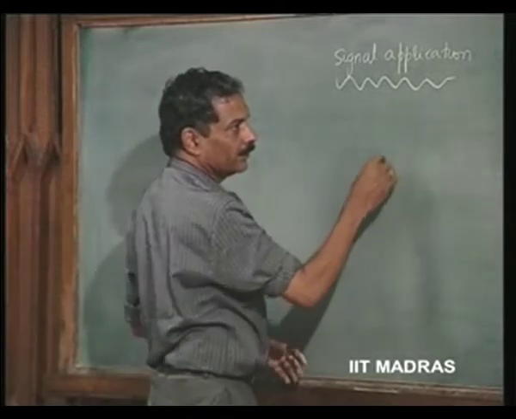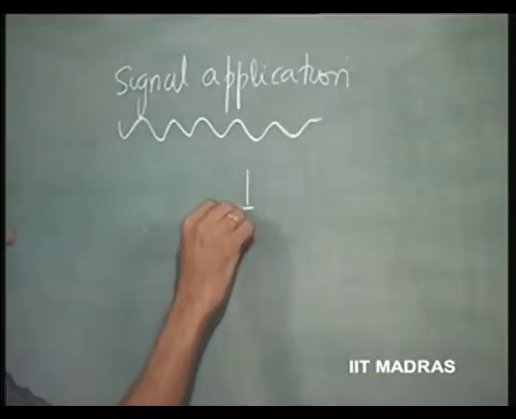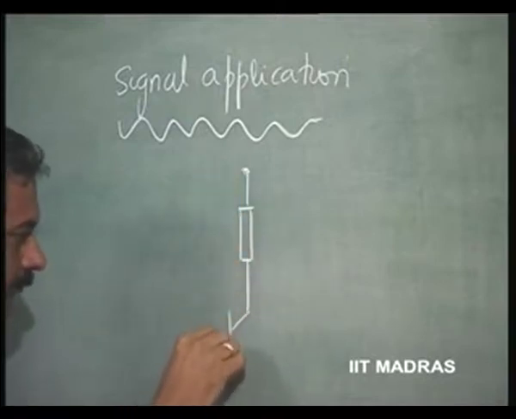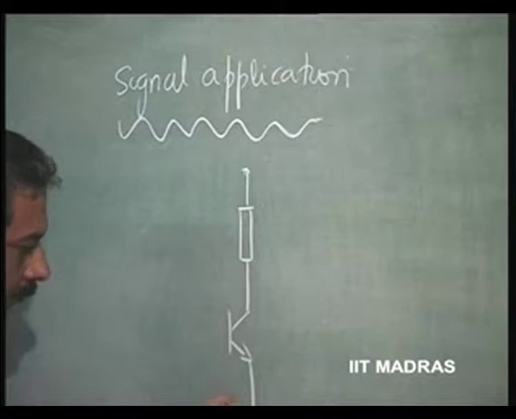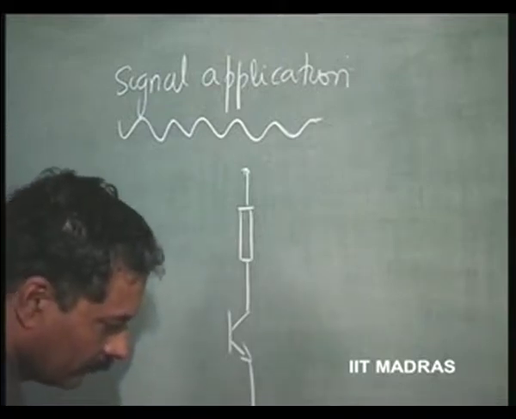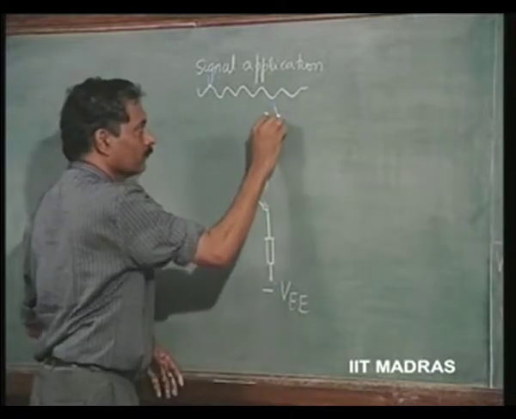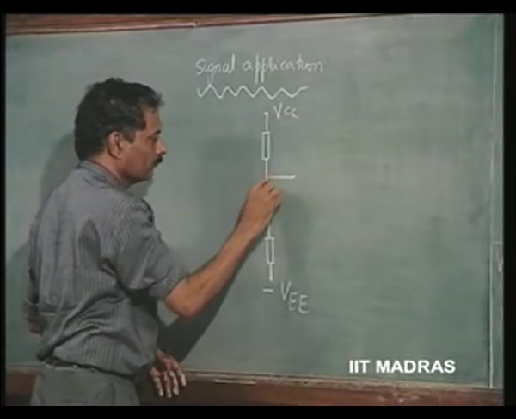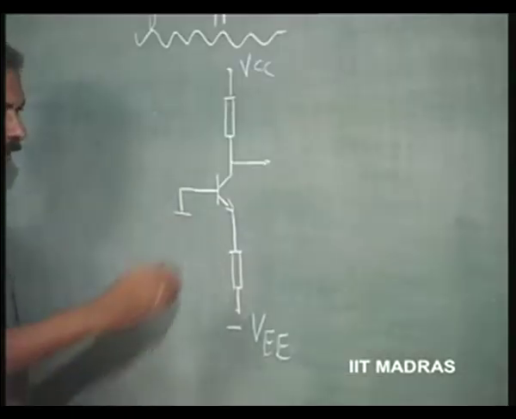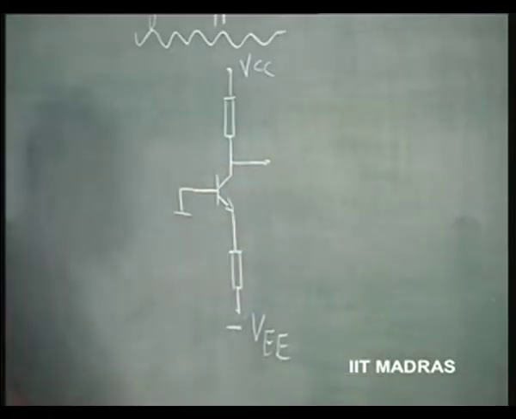Let us consider this circuit first. In this we had grounded this, output can be taken from here, no problem.